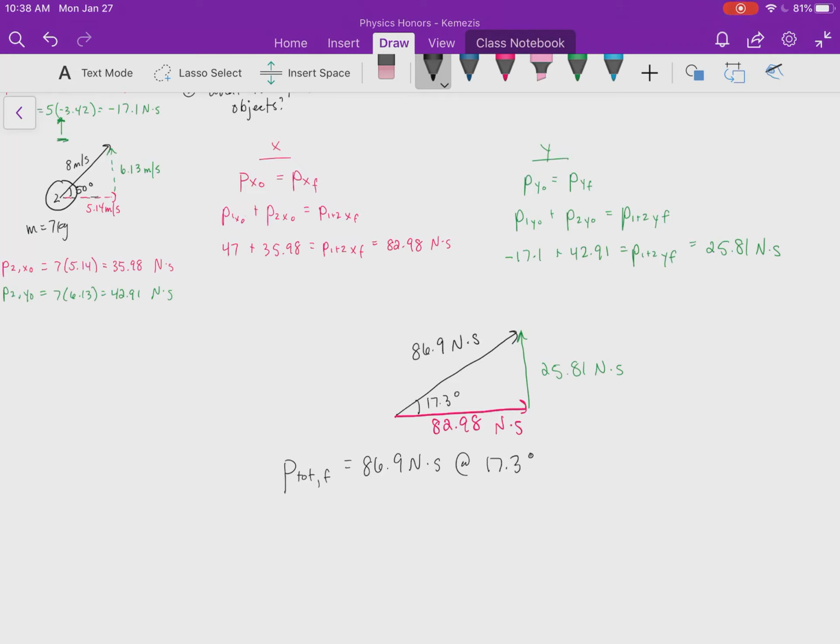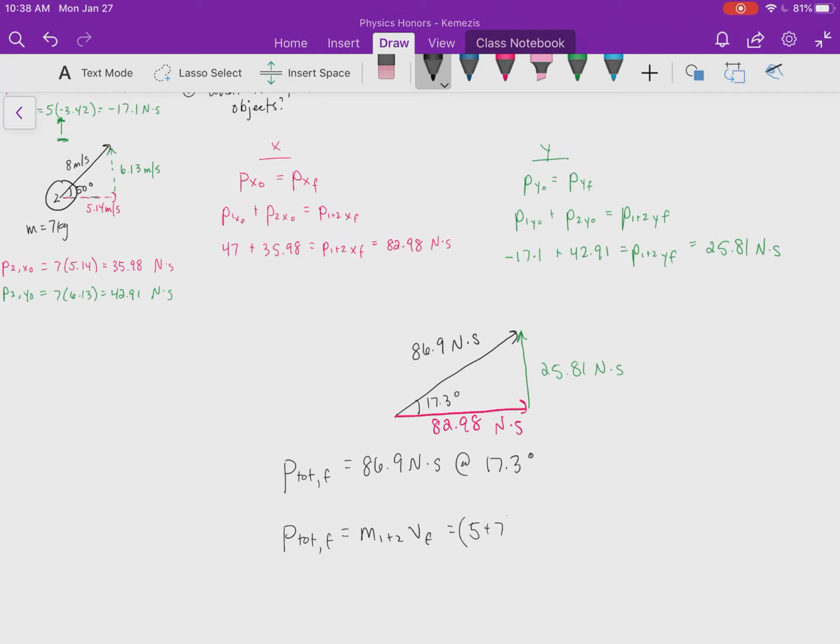And what I can do with this now is I know that the momentum after our final collision is the mass times the final velocity. Mass 1 plus 2 times the final velocity.